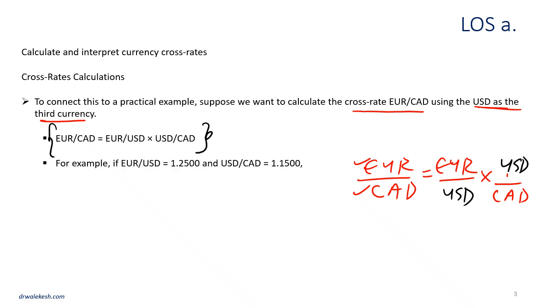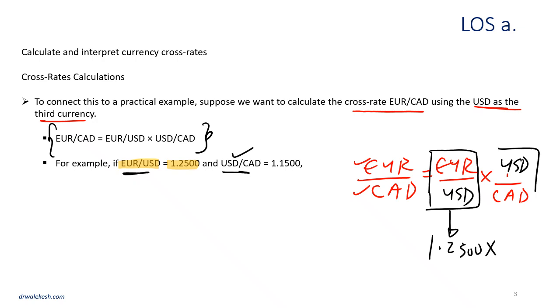So if these two quotes are available, we have euro per US dollar, which is 1.2500, times we have this quote also, which is US dollars per Canadian dollar, and that is 1.1500.